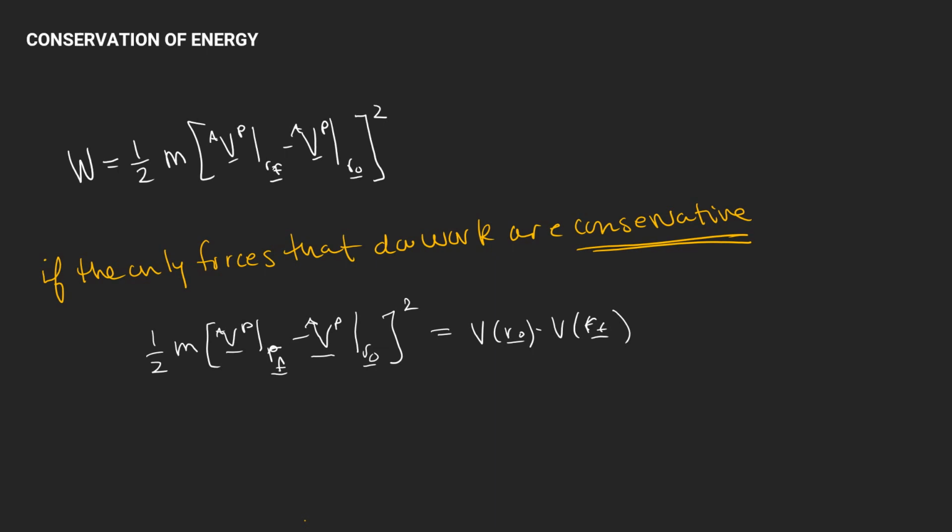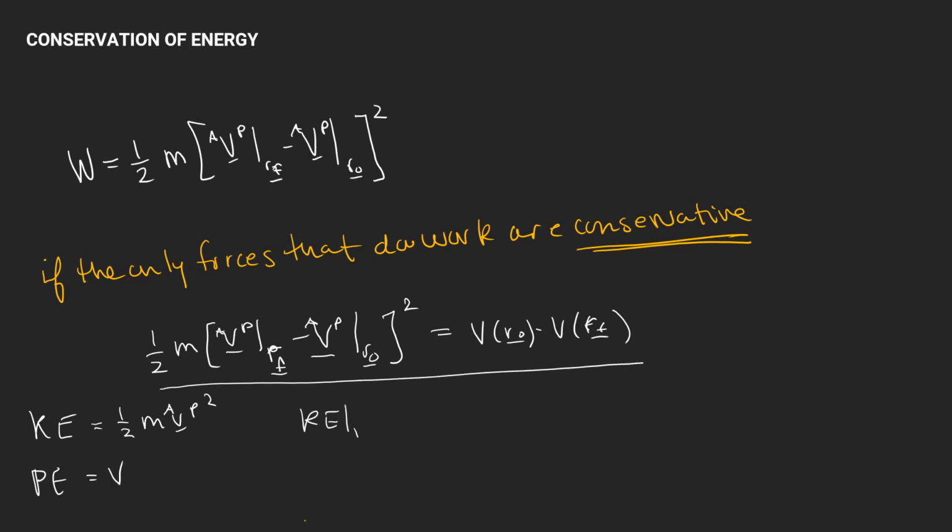And so let's just simplify things real quick. Let's call KE our kinetic energy, 1/2 mv squared, and our potential energy V. This means that we can just rewrite this equation as the kinetic energy at RF minus the kinetic energy at RO is equal to the potential energy at RO minus the potential energy at RF.